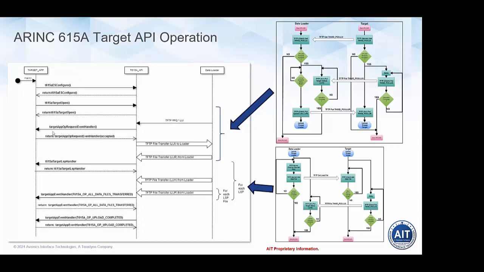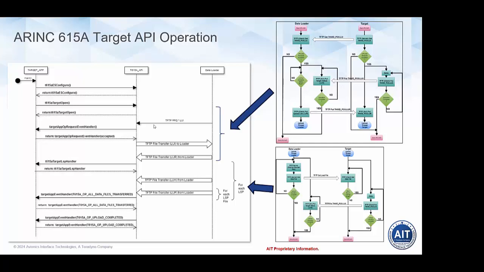In that event handler, we're indicating to your application that a data loader is out there and it wants to do an upload operation. This invokes that function in your application and allows your application to signal back to the library if it accepts that upload operation or not.